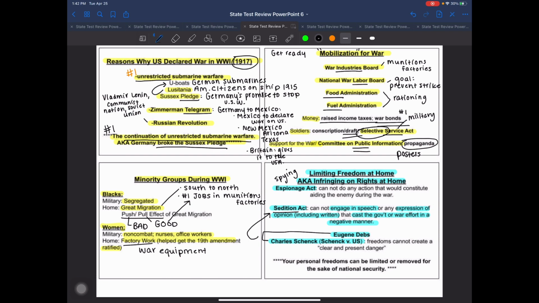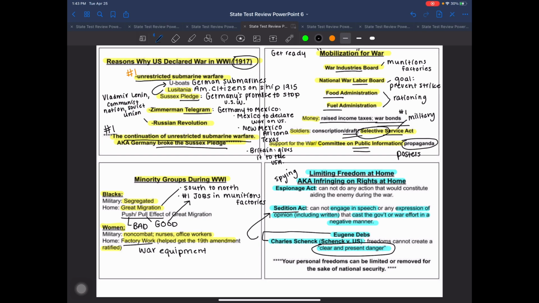But when the Supreme Court looked at the situation, they looked at our position in this war, they did not say that he did not have the freedom of speech, but they did say that your freedoms cannot create, and here is extremely important, I'm going to highlight it and I'm going to take my pen and I'm going to circle it, cannot create a clear and present danger.